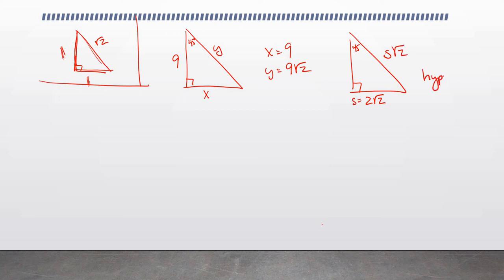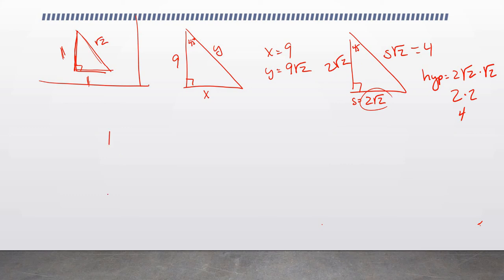So the hypotenuse equals the side length, 2 root 2, times another root 2. So that becomes 2 times 2, or 4. So if the original side is 2 root 2, this is 4, and this side is 2 root 2 also.